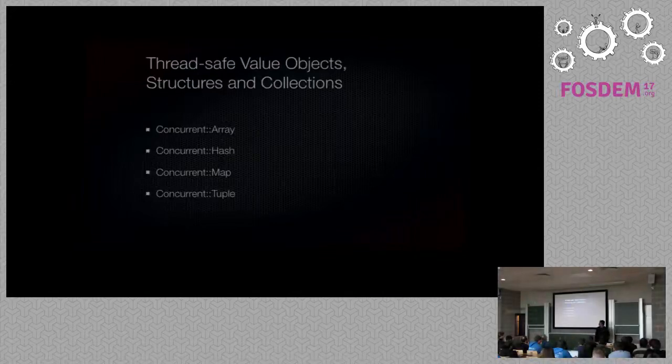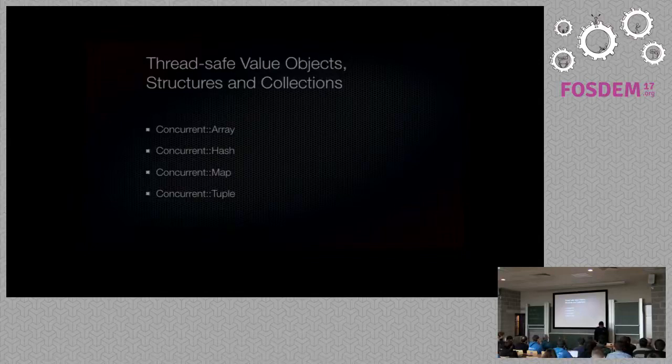So the next concurrency abstraction is thread safe value objects, structures and collections. So we have array, hash, concurrent map, concurrent tuple. So concurrent array and concurrent hash are thread safe subclasses, one of array and one of hash. It locks against the object itself for every method call, ensuring only one method can be reading or writing at a time.